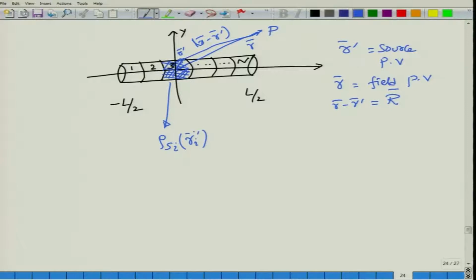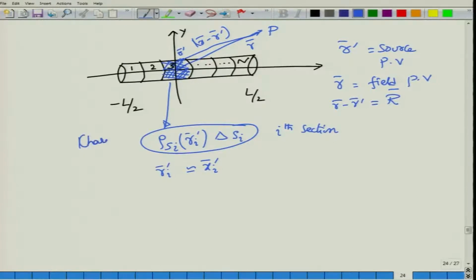Because I am having an x axis and a y axis defined, and I am assuming that the thickness of the wire is very small, ri prime is approximately xi prime, that is, I am measuring the position along the x axis. This times whatever the surface charge density that I have, delta Si, will give me the total charge on the ith section, which we will assume to be constant.